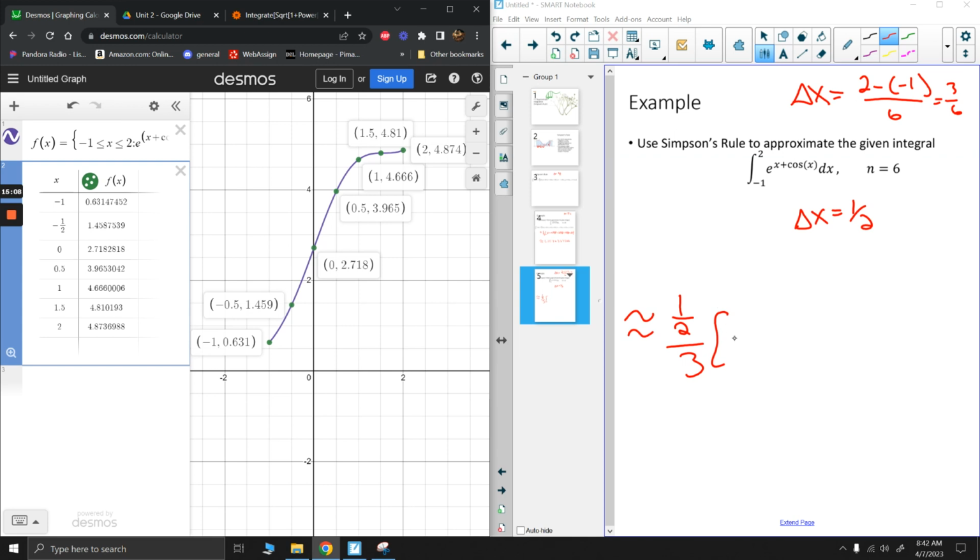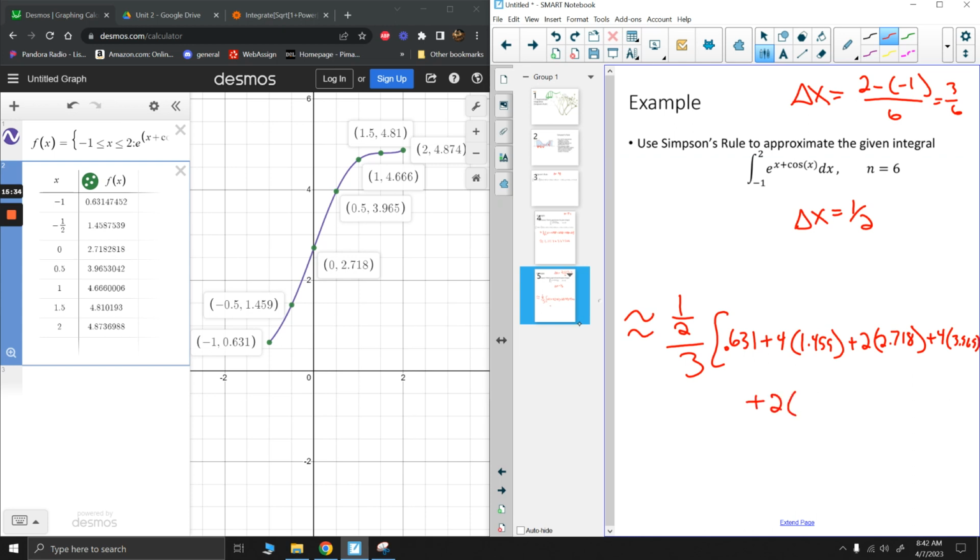So we are going to have our first value, which again is 0.631. I decided to do the shorter one because I'm lazy. Plus 4 times 1.459 plus 2 times 2.718 plus 4 times 3.965. I'm running out of room.